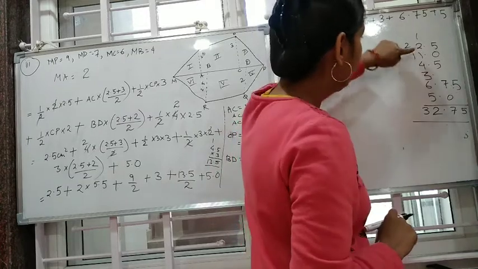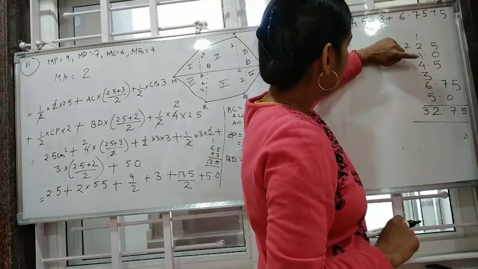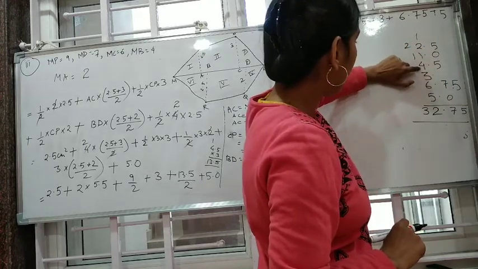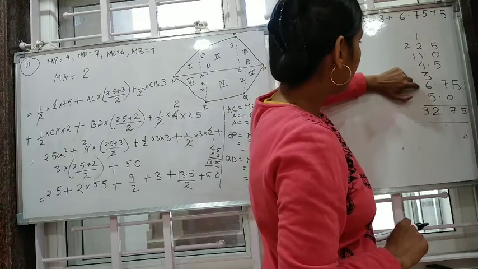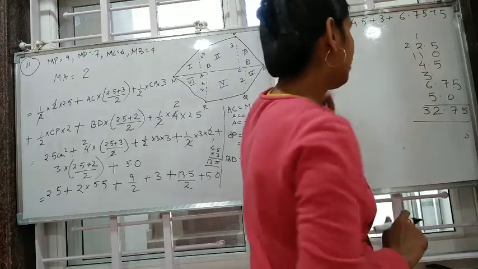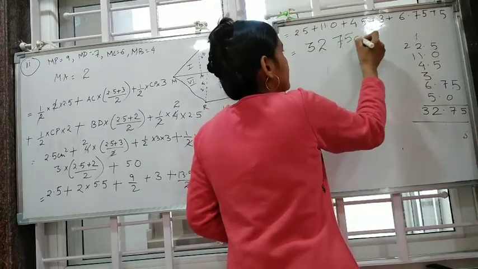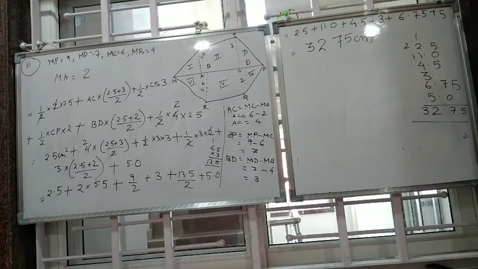Check once again. 10, 17, 3, 4, 8, 9, 10, 11, 12, 13, 14, 15, 16, 17, 18, 19, 20, 21, 22, 32.75 centimeters square. So this completes the Try These.